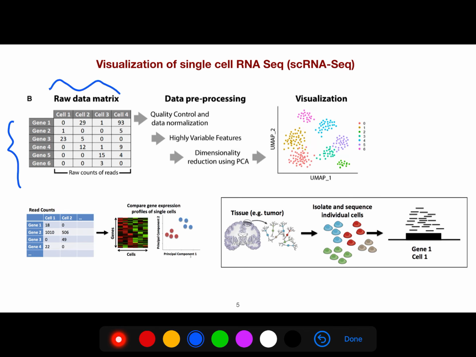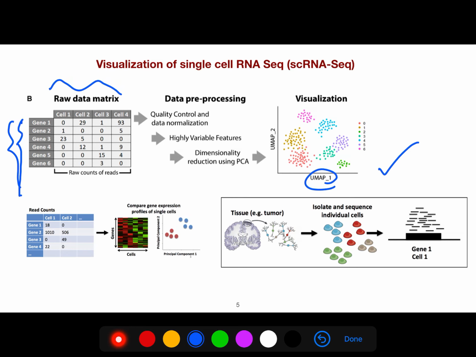We could have, for example, 20,000 cells. As you see, the feature size, the number of genes, is huge. So you should reduce the dimensionality in order to visualize it like this.